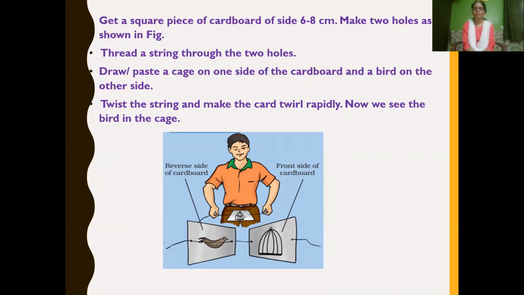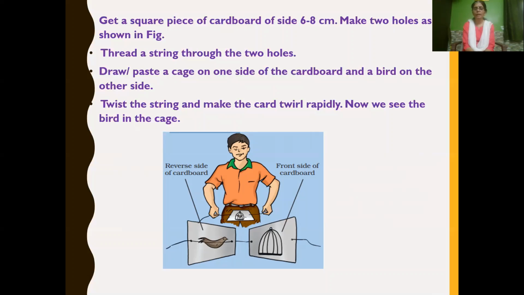Now we have to draw or paste a picture of a cage on the front side of the cardboard, and on the back side of the same cardboard, draw or stick a picture of a bird.